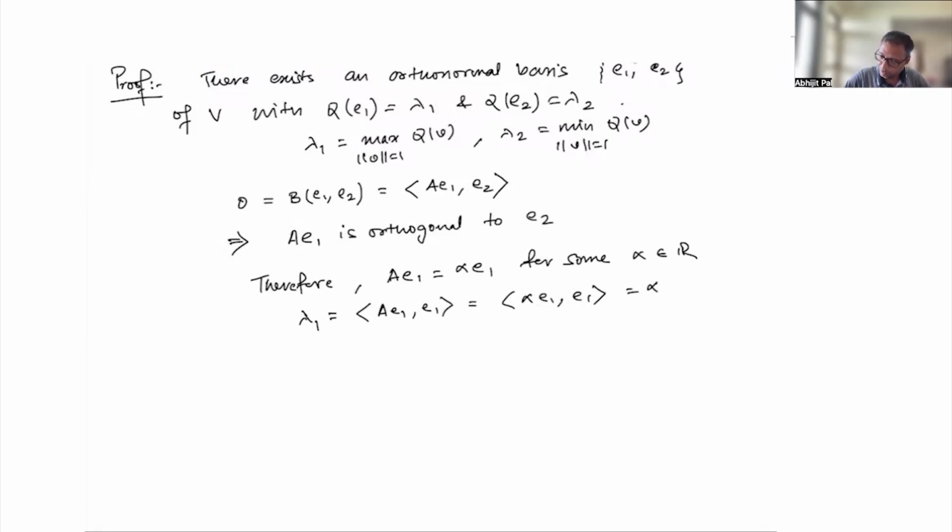So this is equal to alpha times the inner product E1 with E1.